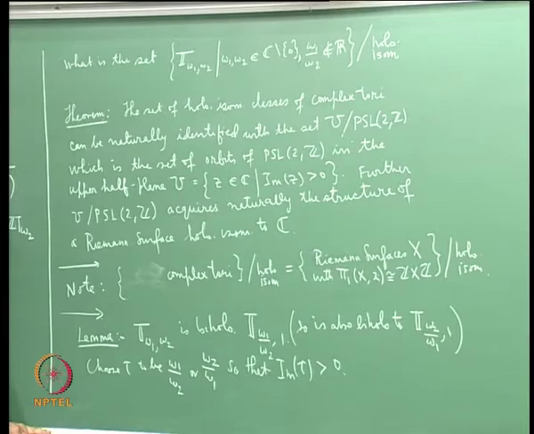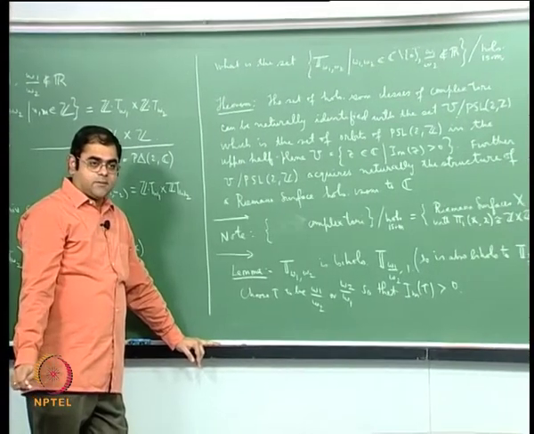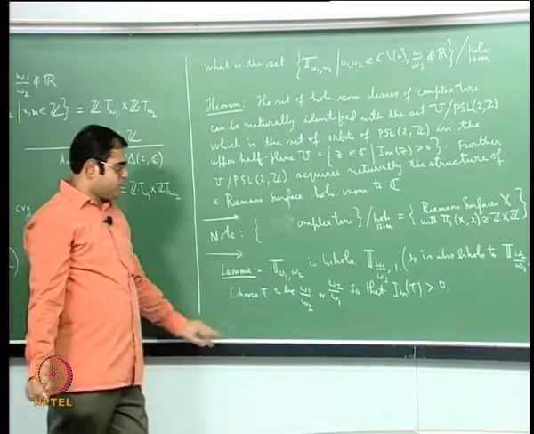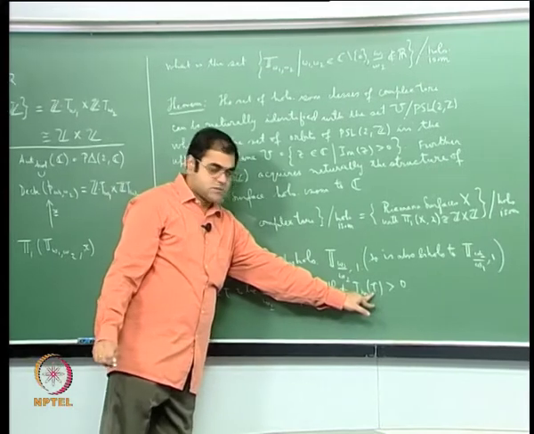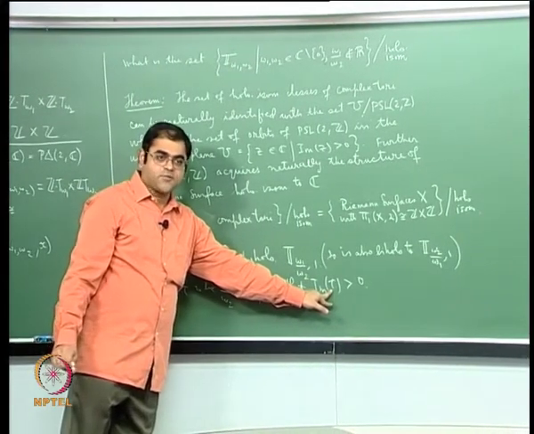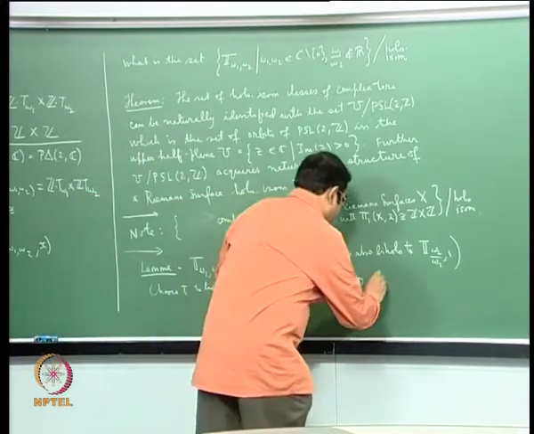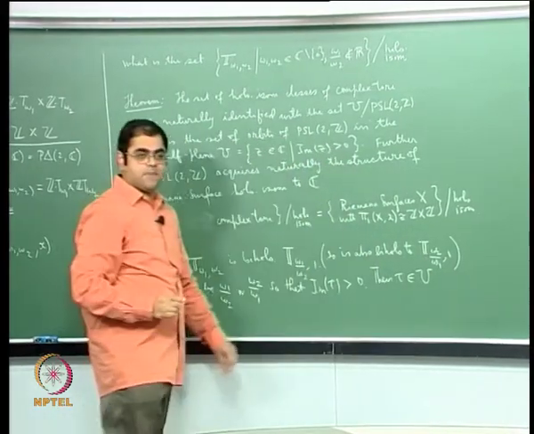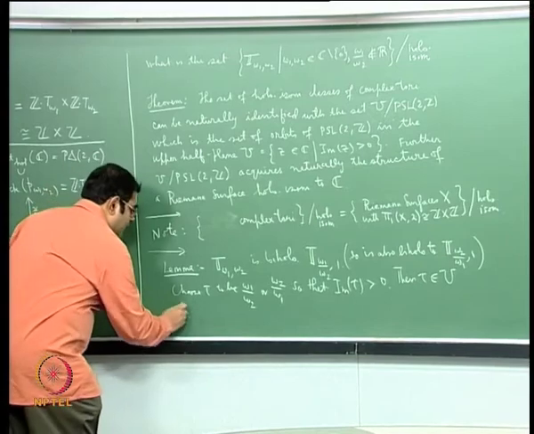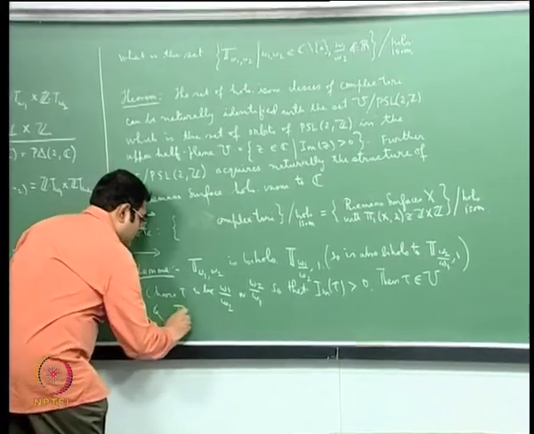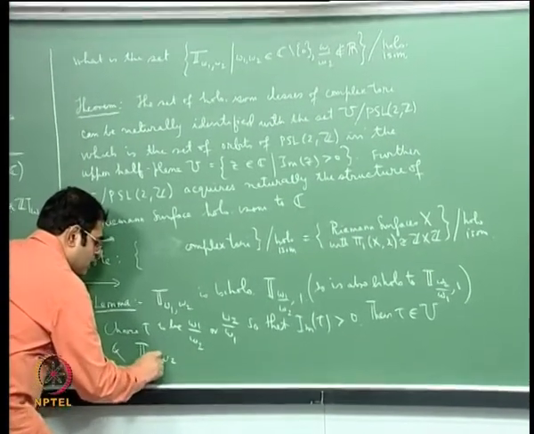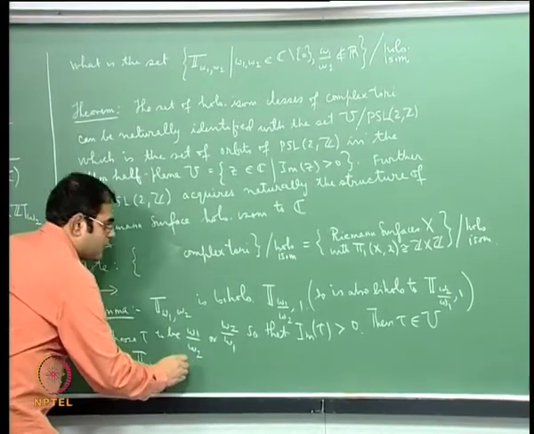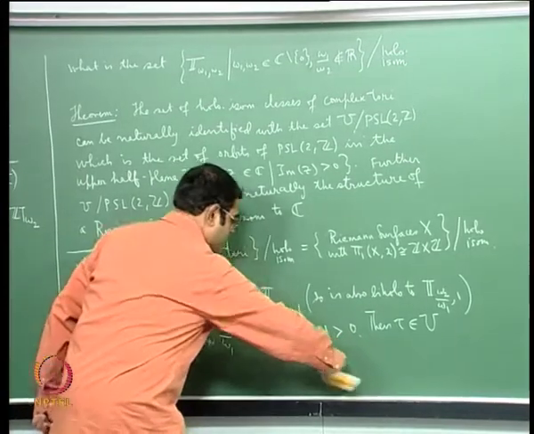So you choose the one that has imaginary part positive. Then you have tau in the upper half plane, and T omega 1 comma omega 2 is biholomorphic to, let me write it on the next board, since there isn't enough space here.